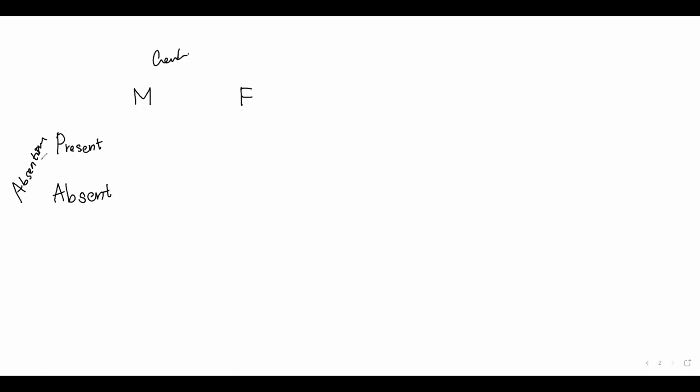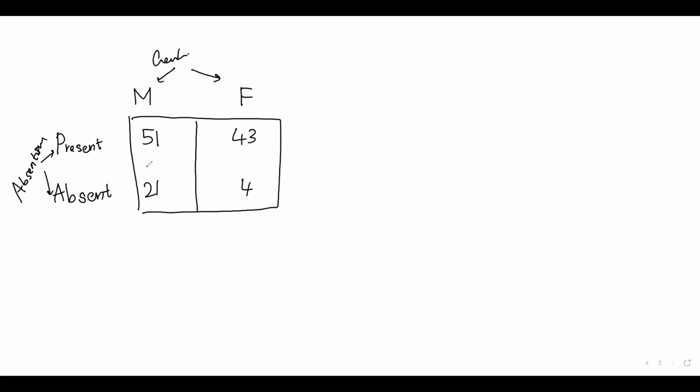These are the two categories in absenteeism, and these are the two categories of gender. Let's say you have 51 males who are present, and 43 females who were present, 21 males who were absent, and 4 females who were absent. This is a two-way table with two variables, each having two categories. It doesn't have to be two all the time. It can be many, right?